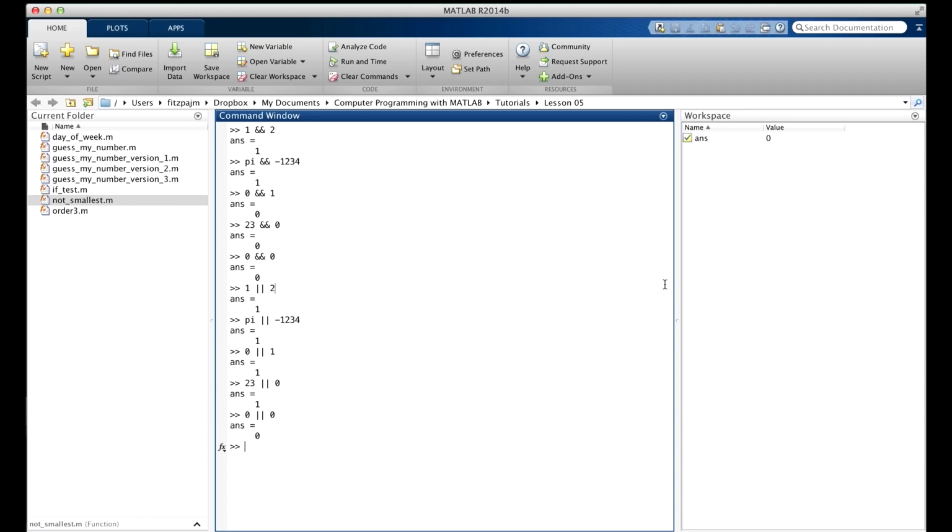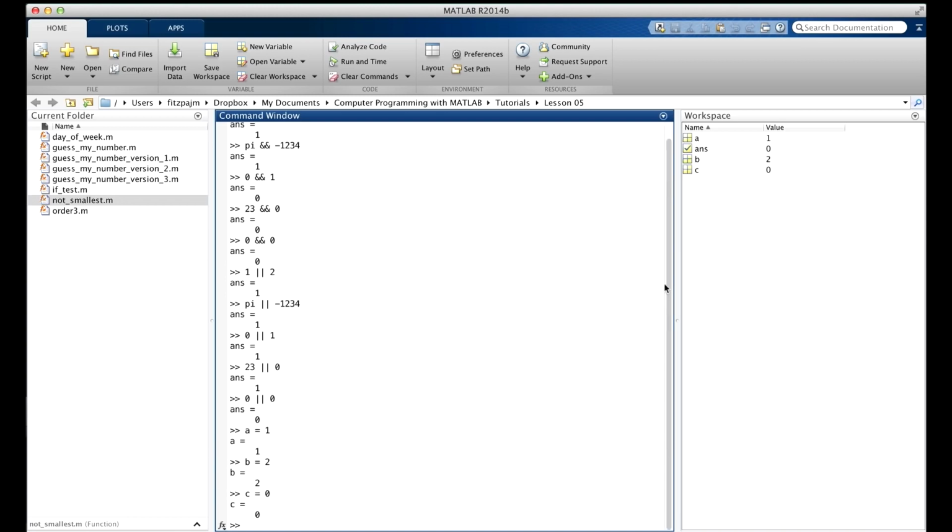Now let's build a more complicated expression and get the logical NOT operator involved too. Let's see why D is 0. Since both A and B are non-zero, they're both true. So A and B is true too.